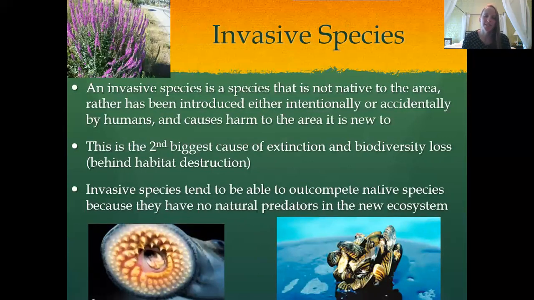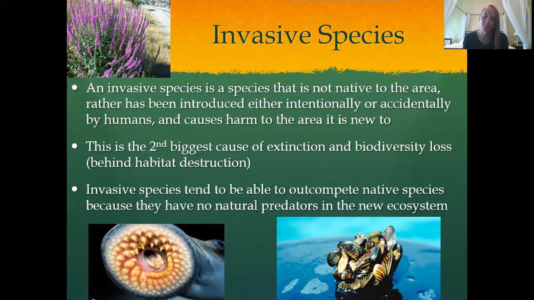So an invasive species is a species that's not native to the area. It was introduced to that area by humans, and it causes harm to the new area or to native species in that area. It is the second largest cause of extinction and biodiversity loss, right behind habitat destruction.